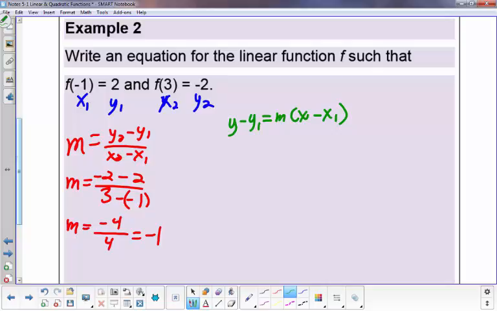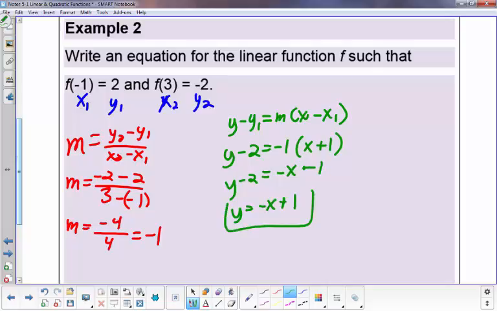So y minus y1, which is 2, equals negative 1, my slope, times x minus negative 1, which ends up being plus 1. And then we just solve for y. y minus 2 equals negative x minus 1. Then bring the 2 over, y equals negative x plus 1. And so there is my linear equation.